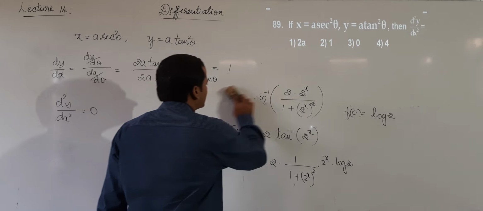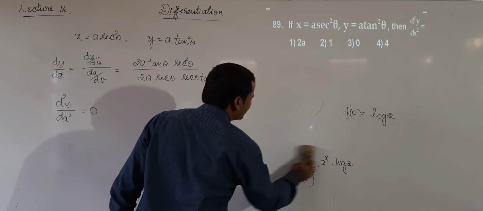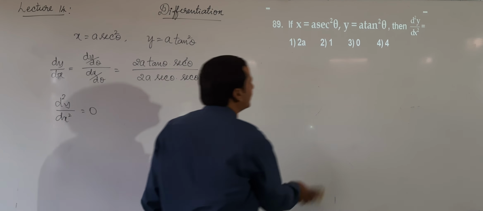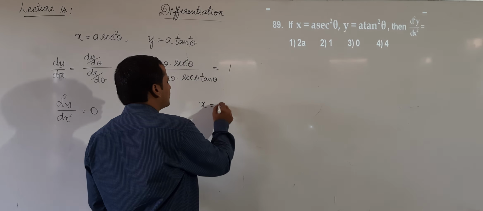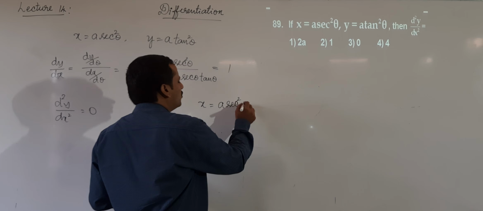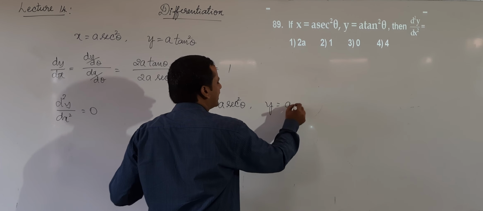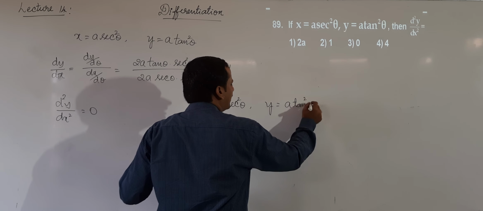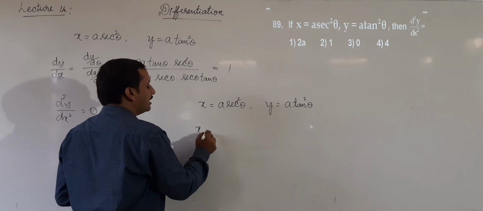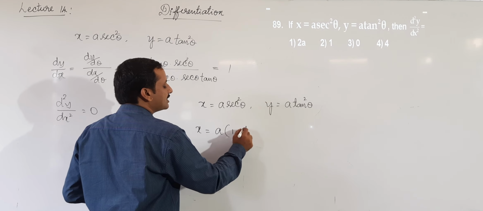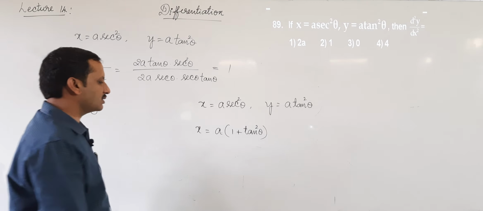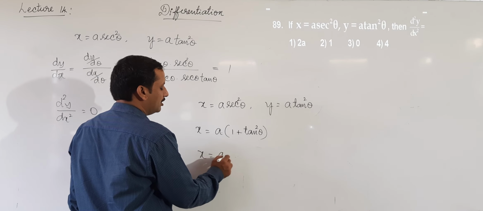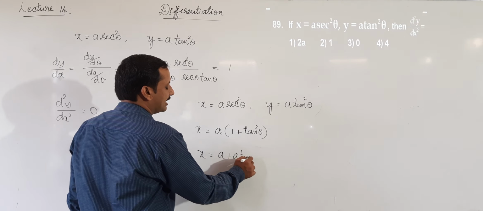Another method is, you have x equal to a secant square theta, y is equal to a tan square theta, right? I will write secant square theta as 1 plus tan square theta. So, x is equal to a plus a tan square theta.